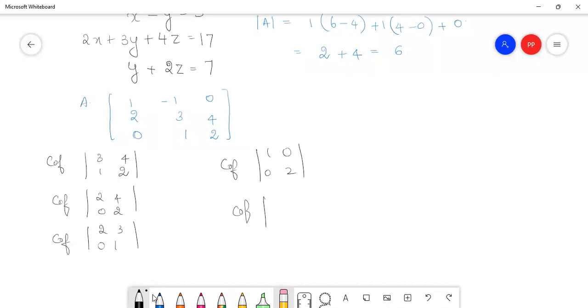Second row second column 1002. Second row first column, see -1012. Second row second 1002. Cofactor of second row third column is 1 minus 1 0. Okay.